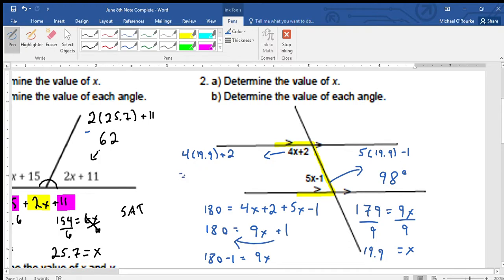We should equal what? 102? Not 102, 82. 4 times, something wrong with my calculator. 4 times 19.9 plus 2 equals 82 degrees.